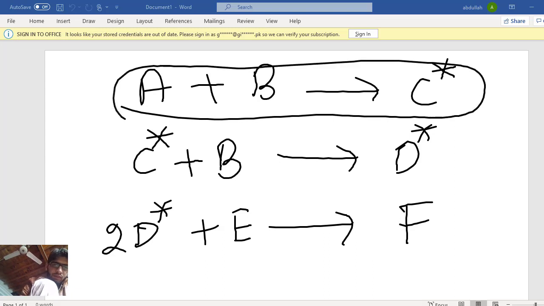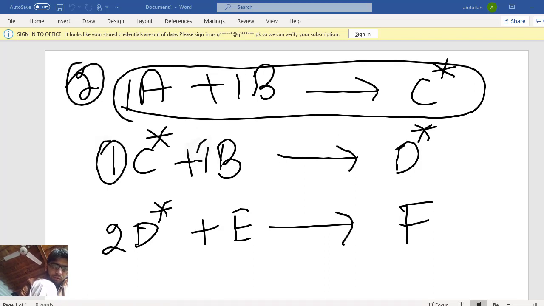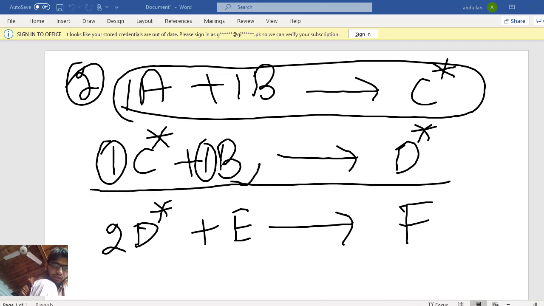It is 1 plus 1. The molecularity of this reaction is 2. Similarly, 1 plus 1, the number of reactant molecules involved in this reaction is 2. The molecularity of this reaction is 2.